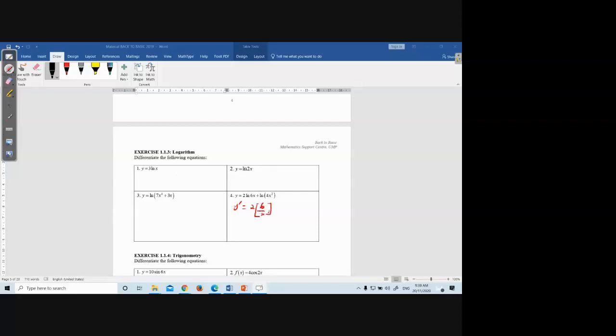Plus, what about ln 4x squared? How to differentiate this? What is the formula? f prime x over f x. Good, 8x over 4x squared.